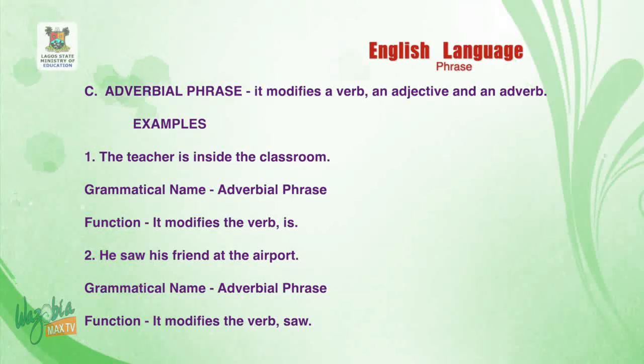I've discussed this one under adverbial clauses. Now, don't forget that an adverbial phrase, like I said earlier, has one basic function, which is it modifies a verb or an adjective or another adverb.